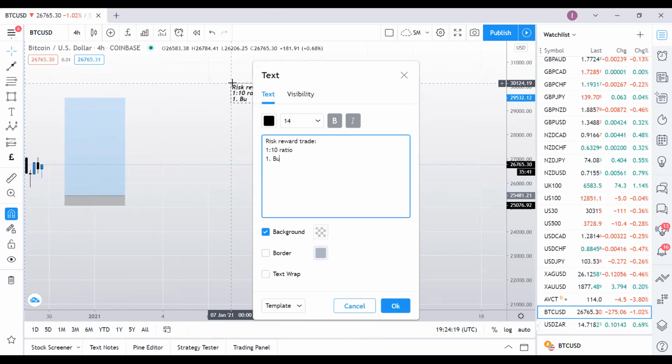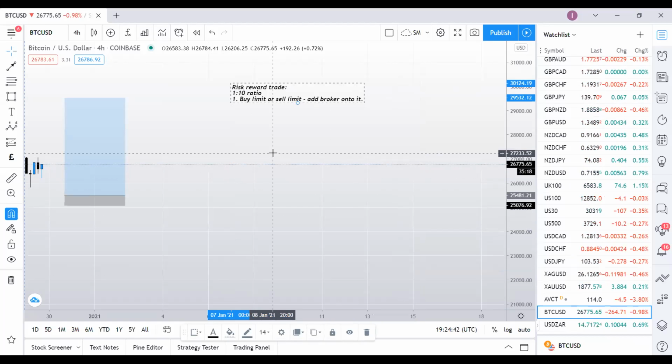First thing is when you put a buy limit or a sell limit, you need to add the broker spread onto it. Do you understand that? I never do it, but yeah. And do you know how to identify the broker spread?